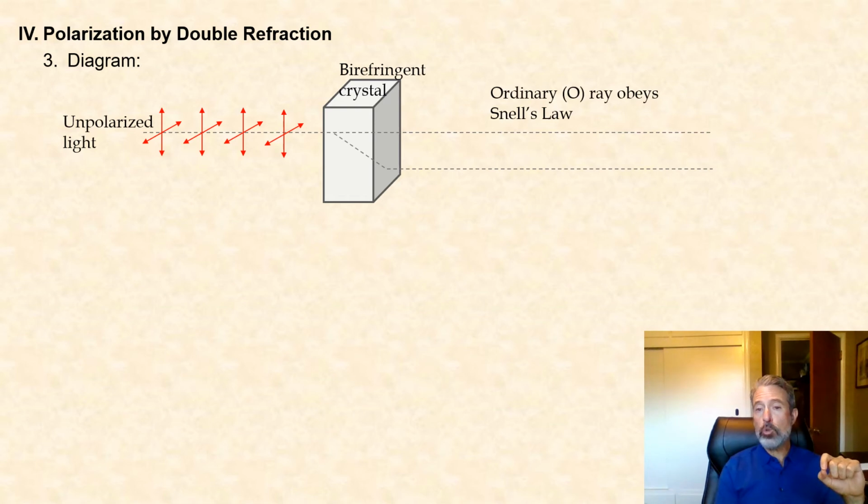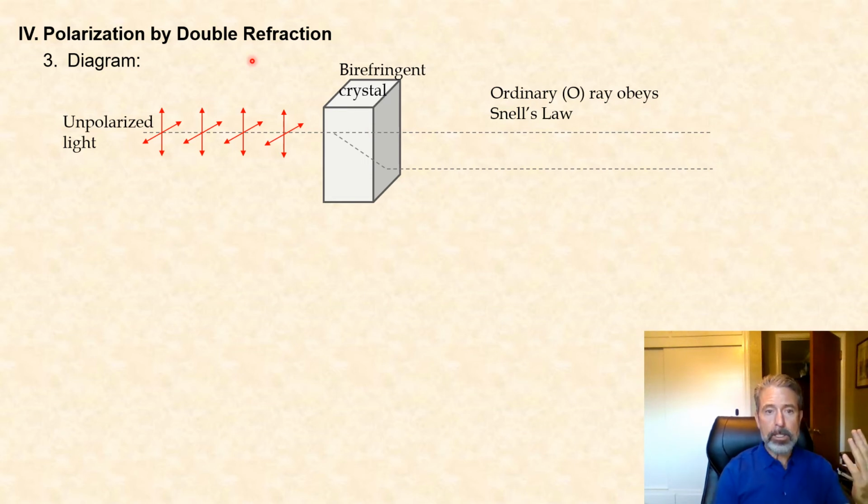One of these rays, what we call the ordinary ray, obeys Snell's law. Now, I just happened to show you this unpolarized light entering our medium at a zero angle of incidence. In other words, it is entering right along the normal line. So according to Snell's law, the angle of refraction should be zero.